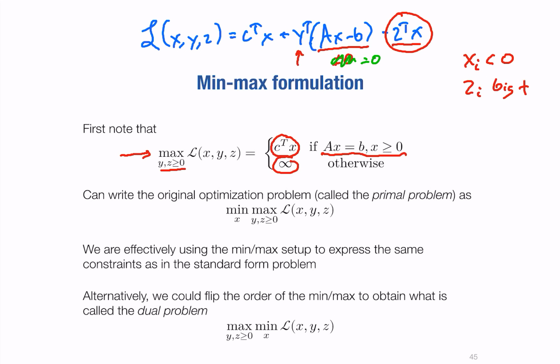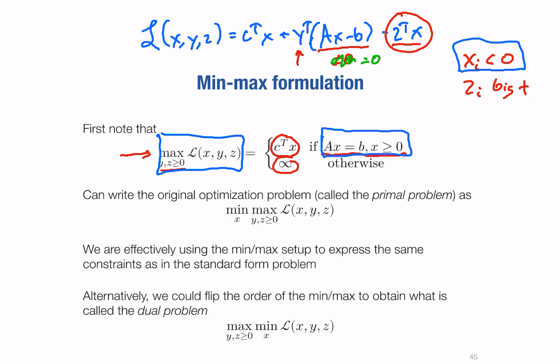So if there's any xi strictly less than 0, it doesn't matter how much less than 0, we can make this whole thing infinite. So the only way that the objective of this maximization problem is not infinite is exactly if we satisfy the constraints. Honestly, this is kind of a trivial thing.